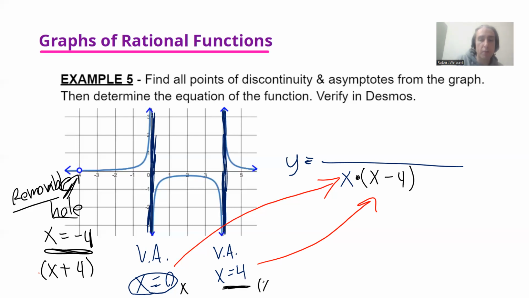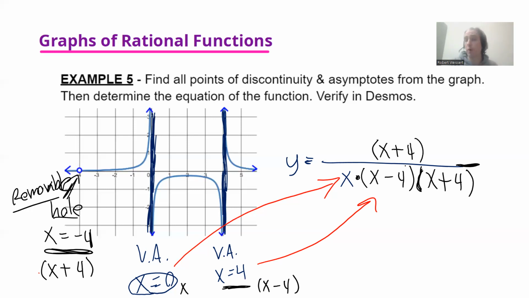This comes from x minus 4. However, if I put x plus 4 here, and that was a removable point of discontinuity, then guess what? There was an x plus 4 on the numerator as well. So we have x plus 4 over x minus 4, x plus 4. That's all multiplication between them. We don't need those multiplication symbols, but that's what's going on between those.